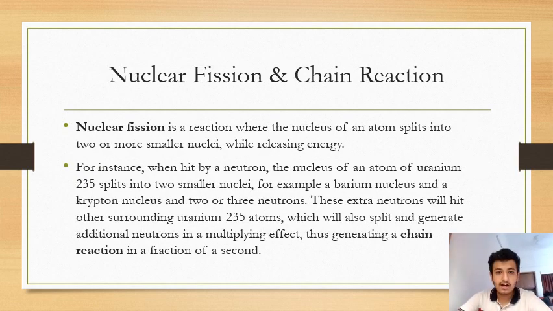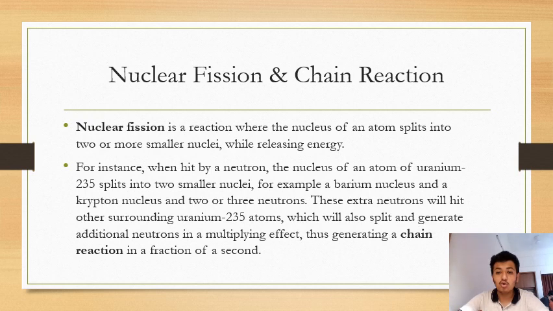So now let us look at what is nuclear fission and what is a chain reaction. Nuclear fission is a reaction where the nucleus of an atom splits into two or more smaller nuclei. Let us say that a neutron attacks uranium 235. It splits into two or more smaller nuclei, for example a barium nucleus and a krypton nucleus, and it also releases 2 to 3 neutrons.